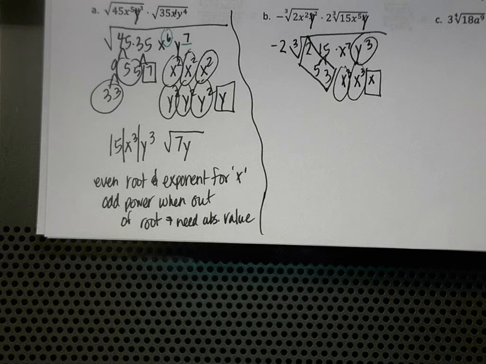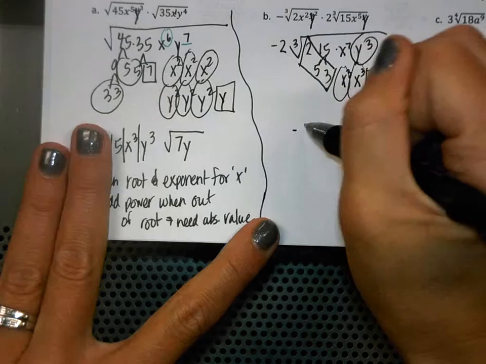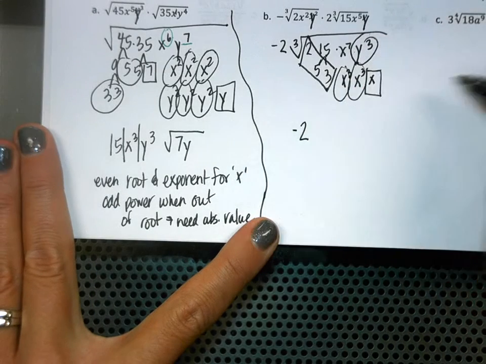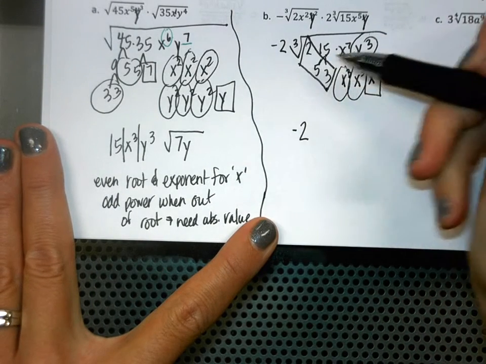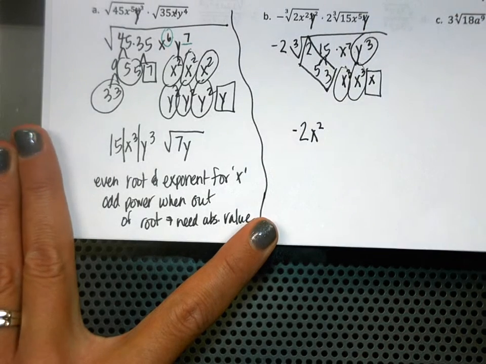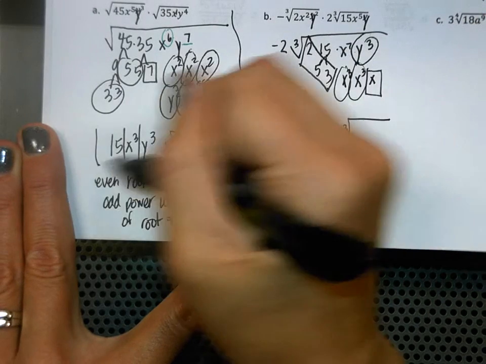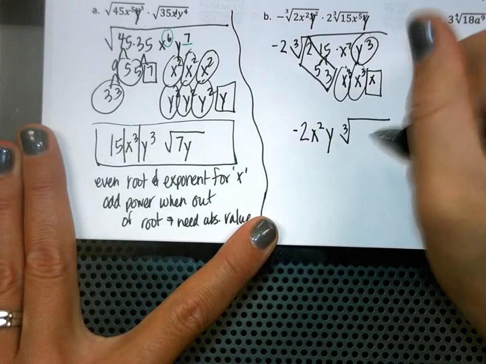So when I write this answer, on the outside, what am I going to have? -2, right? Because you still have the -2 that's out in front. And then x squared, because there's 2 groups of x's. And then y, because there's 1 group of y's. And then we have the cubed root. And what is left inside? Good. 15x.